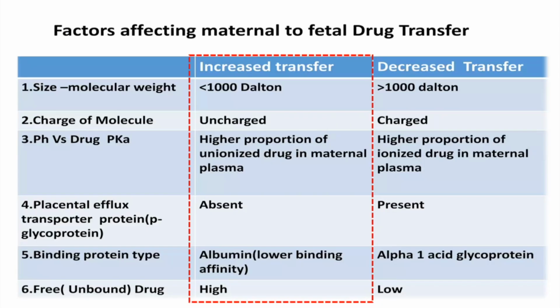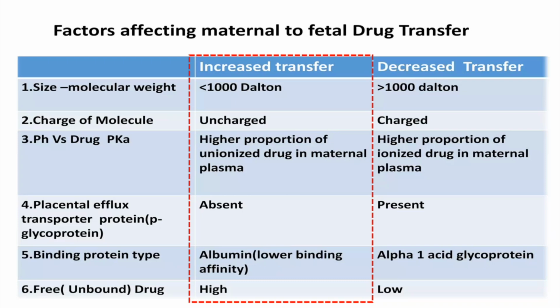Okay. So factors affecting maternal to fetal drug transfer, we're going to talk about increased transfer: molecular weight less than 1000 Dalton, uncharged molecule. It means molecules are less charged. pH versus drug pKa, higher proportion of unionized drugs. Okay. And then if there is a placental efflux, we're talking about efflux, meaning what we're going to send out.